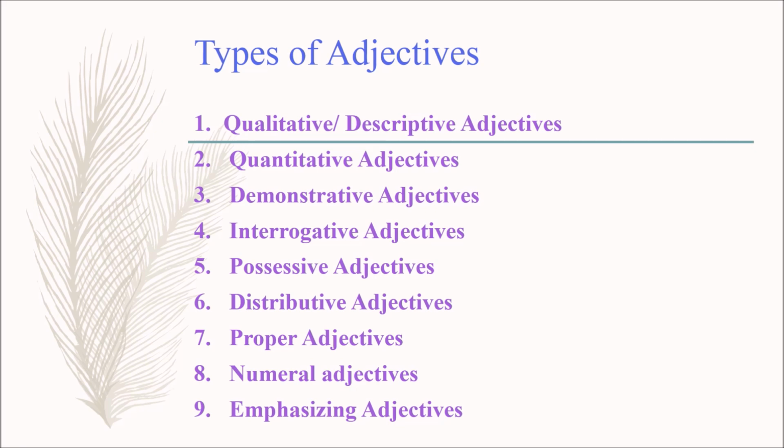Fifth one is possessive adjectives. Sixth one is distributive adjectives. Seventh type is proper adjectives. Eighth one is numeral adjectives. And ninth one is emphasizing adjectives.